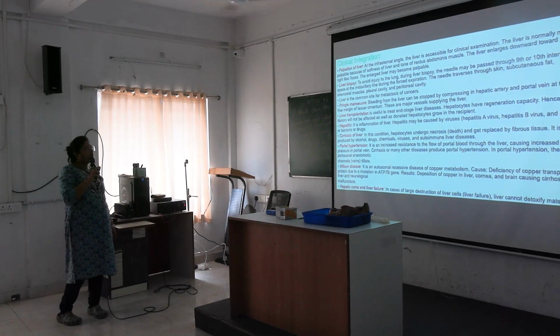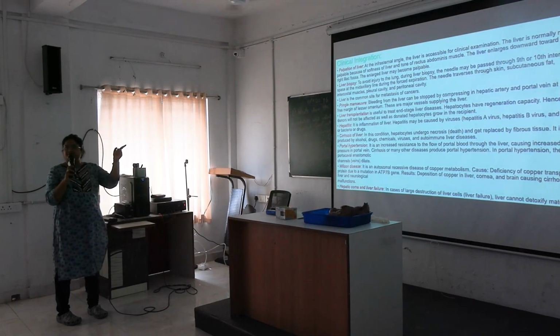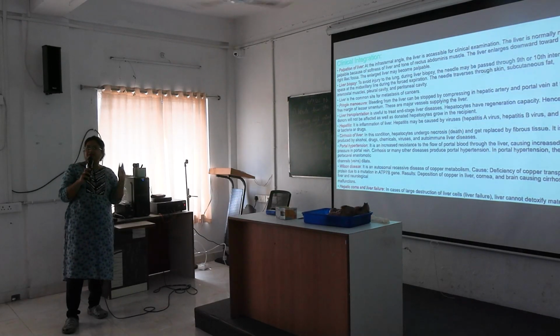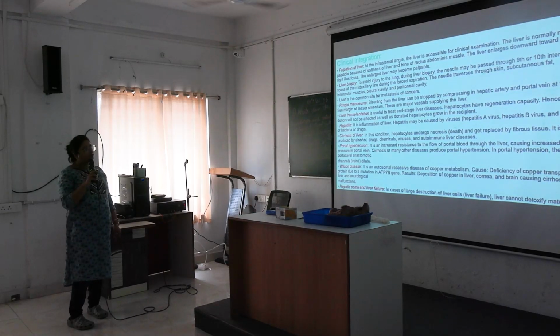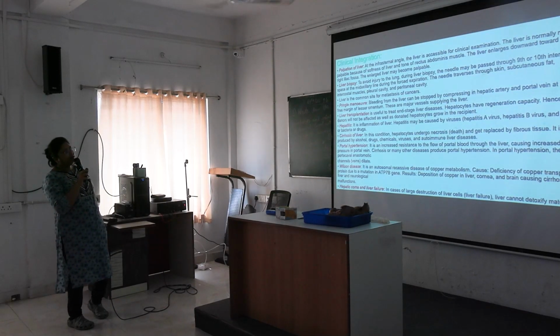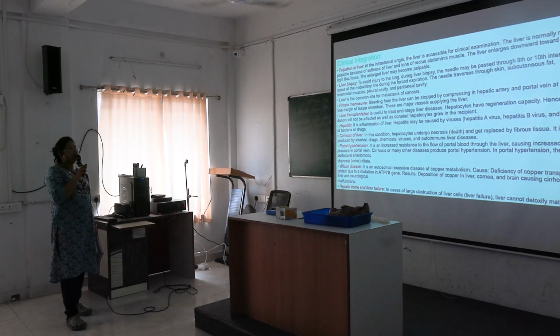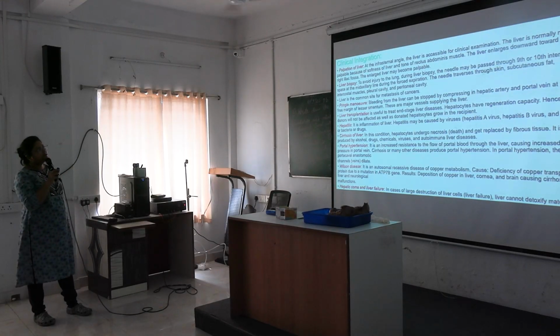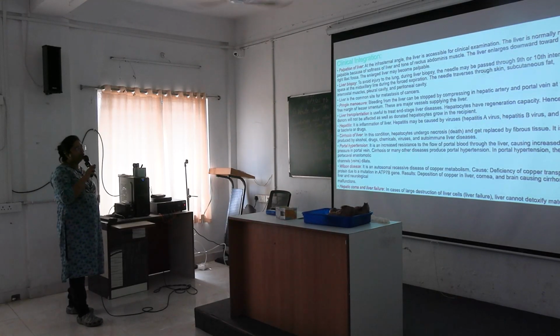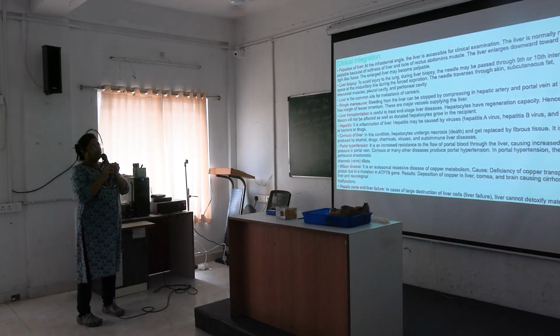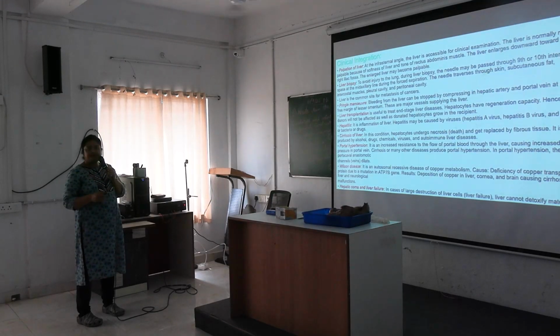Also the palpation of the liver: when it is palpable can come as explain why. So the needle travels through skin, subcutaneous fat, intercostal muscle, pleural cavity, and peritoneal cavity. And this is liver biopsy.